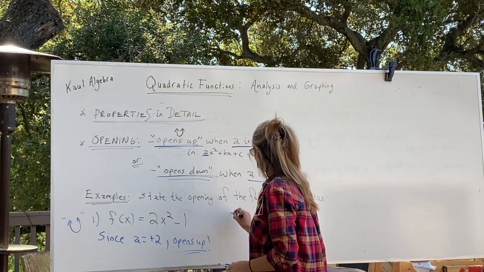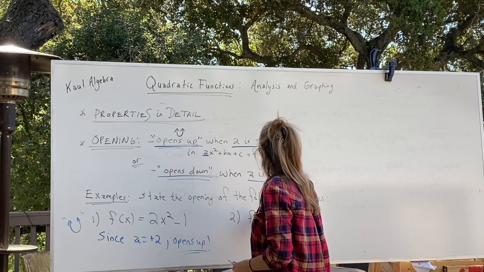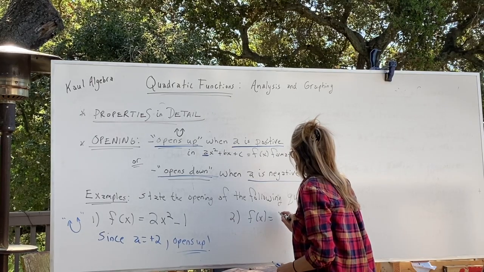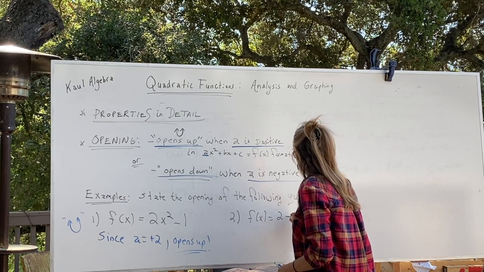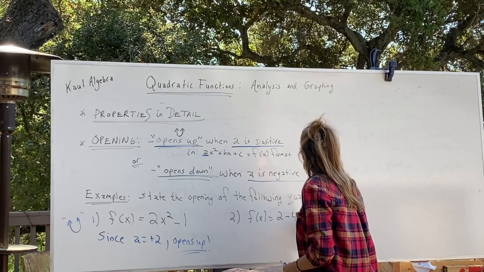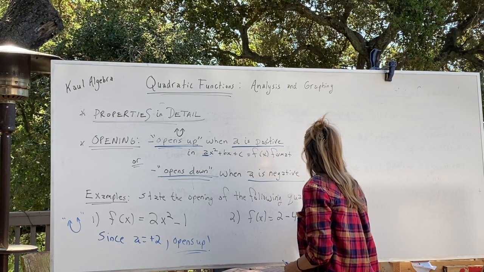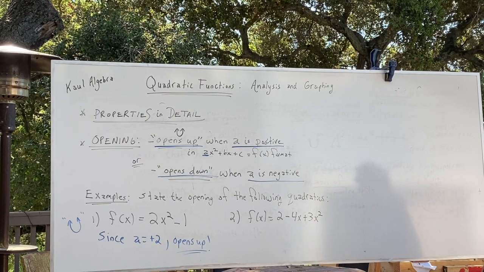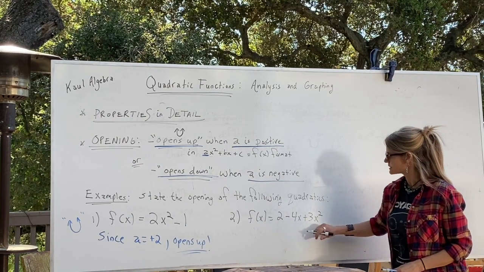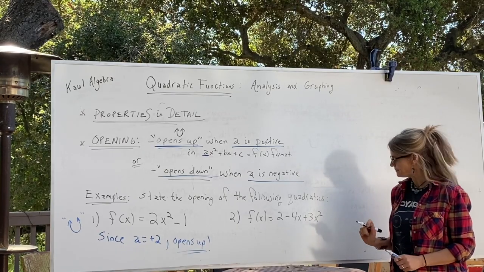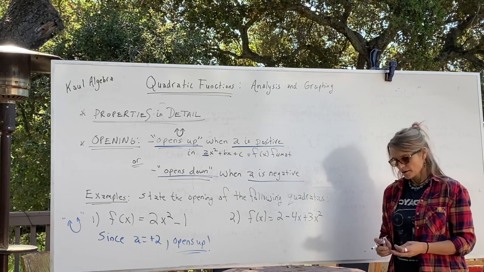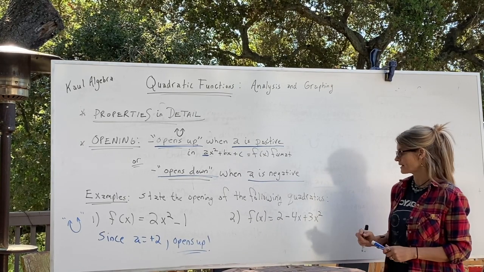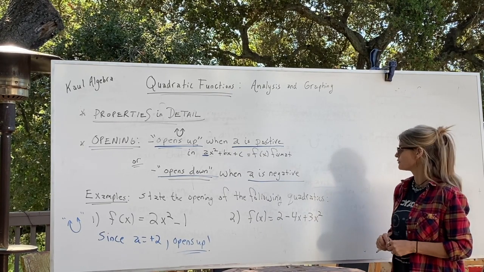Number two, if we had a parabola that was, let's say, 2 minus 4x plus 3x squared. We have another quadratic function because it's a function that has an x squared in it. We could put it in the ax squared plus bx plus c format.